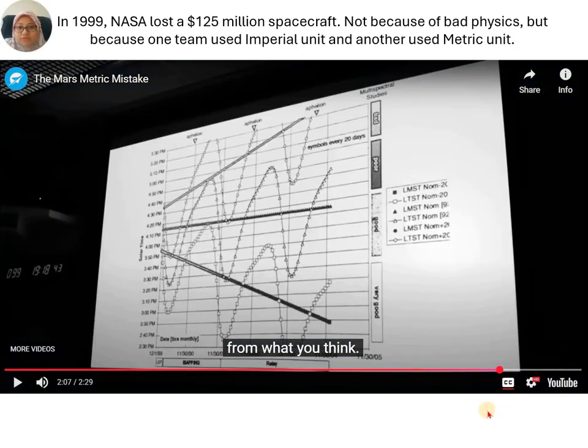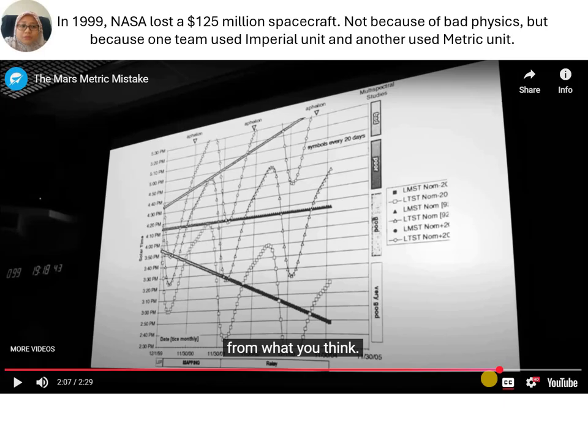So this is a very famous example of a disaster caused by merely a wrong unit conversion. In 1998 or 1999, NASA lost a $120 million spacecraft, the Mars Climate Orbiter, because there were two engineering teams doing the project, one doing the calculation on the thruster, and another doing the calculation at mission control.